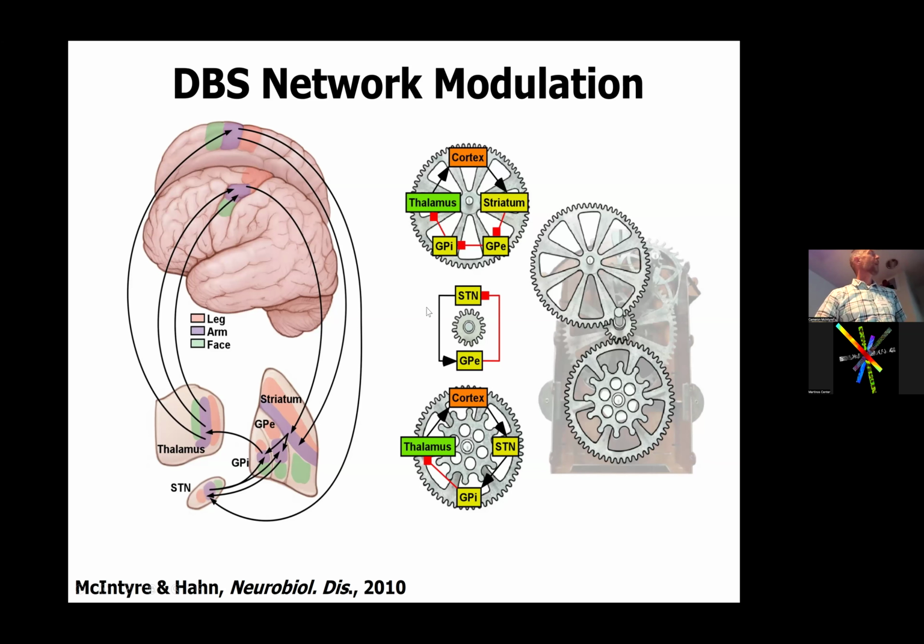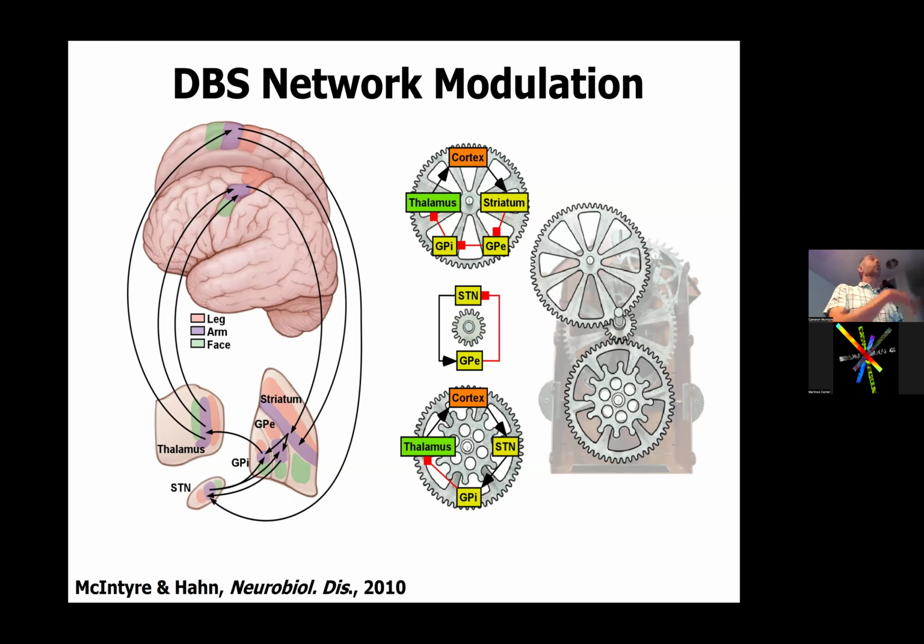But always keep in mind, there are many different circuits within this network, and so when we stimulate in one place, for example this little part of this network, you'll have reverberating implications throughout other parts of this network. And that's the hot topic right now in deep brain stimulation research: trying to understand how these different networks are directly influenced by the stimulation.